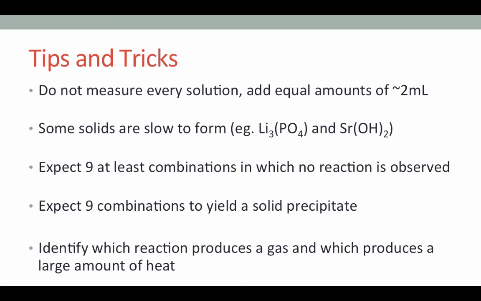You should have had one combination of reactants that produced a gas and one combination of reactants that did give off a considerable amount of heat. By looking at which reactions in your pre-lab assignment were expected to give heat and gas, you can begin to decode which solution is which.